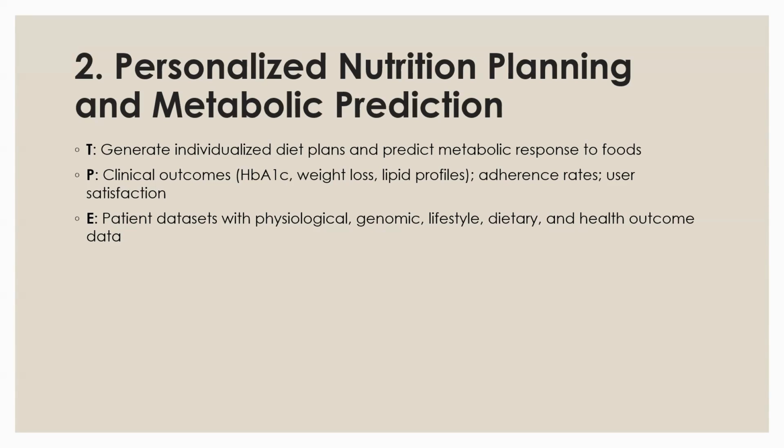Okay, and how will you measure it? Like how satisfied is the user with this AI system. Clinical outcomes can also be measured, like HbA1c, weight loss, lipid profiles. Through these outcomes it will also tell whether it is the right diet plan or not, and adherence rates also.